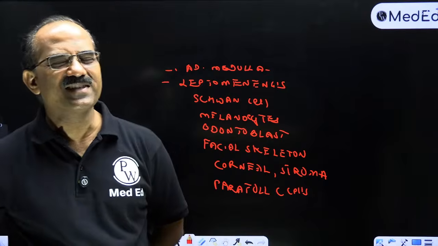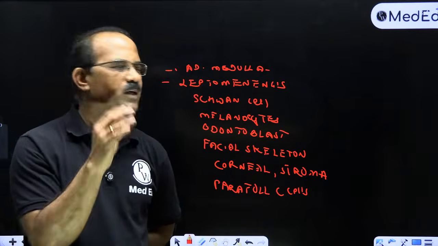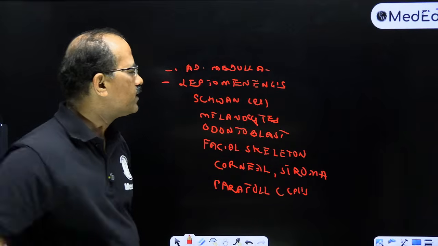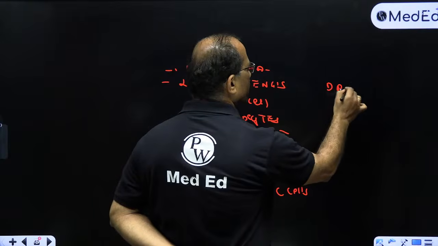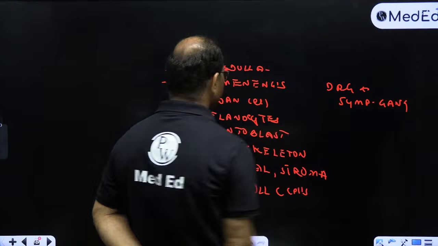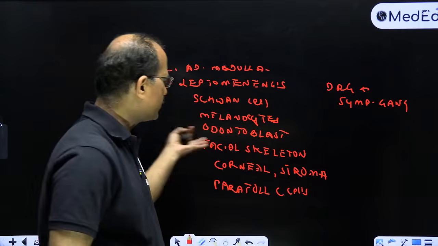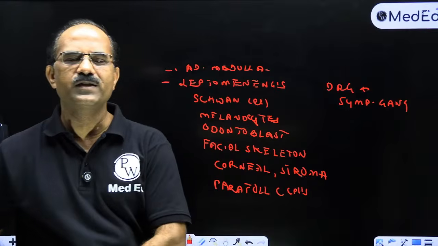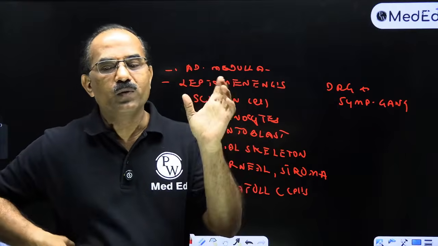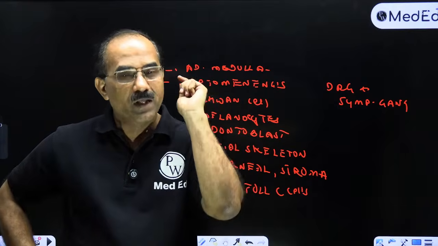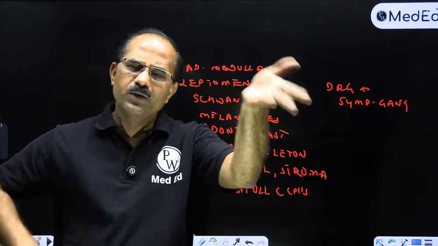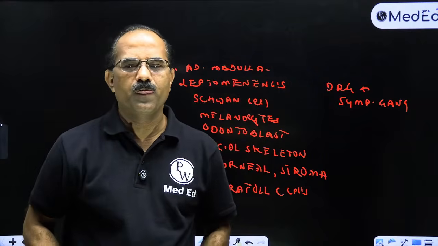Derivatives of neural crest cells: adrenal medulla, not cortex, leptomeninges, odontoblast, Schwann cell, the dorsal root ganglion and the sympathetic ganglion, then the skeleton of the face, the corneal stroma and the parafollicular C cells of thyroid. Parafollicular C cells of thyroid are said to be derived from neural crest cells. If that is not in the options, then write ultimobranchial body.